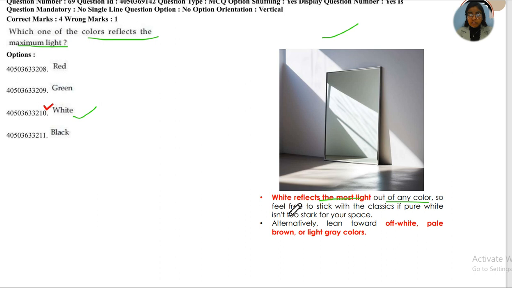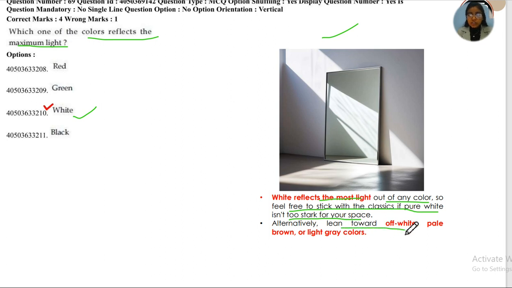So feel free to stick with the classic if pure white is too stark for your space. If your space is compact or small, then you can use a white color to make your space look bigger.